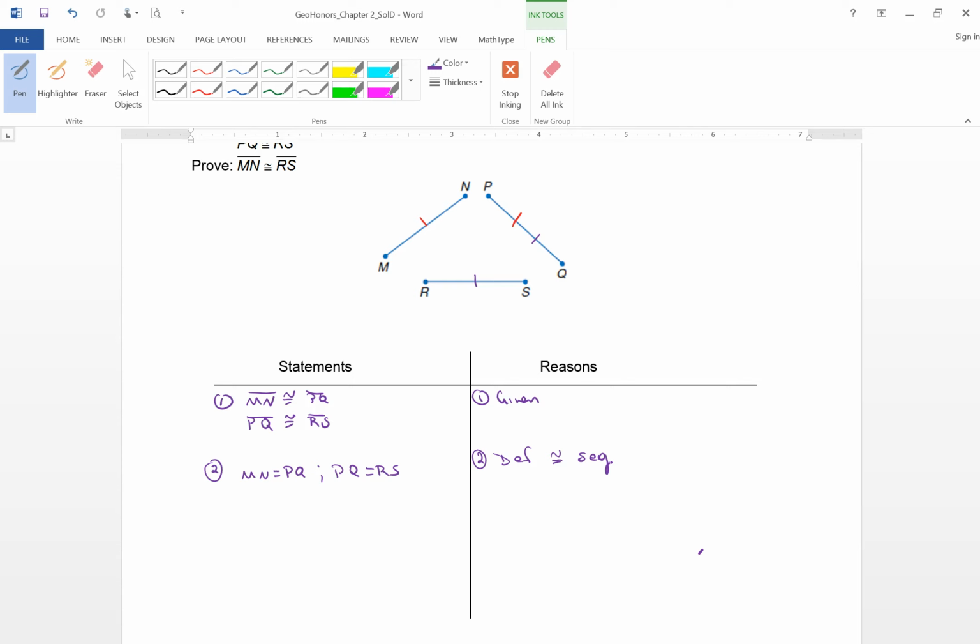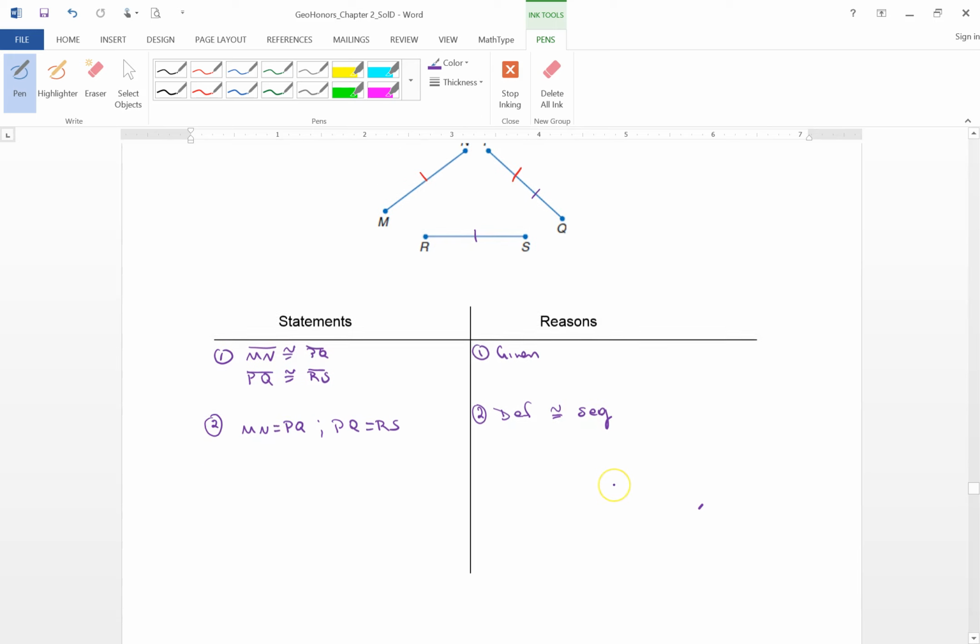We're trying to prove that MN and RS are congruent. So now we wrote MN is equal to PQ. PQ is equal to RS. What would be the next logical step to write down? Write out MN. Well, we have to write out PQ. Okay, what would it be? MN is equal to RS. And it's transitive.